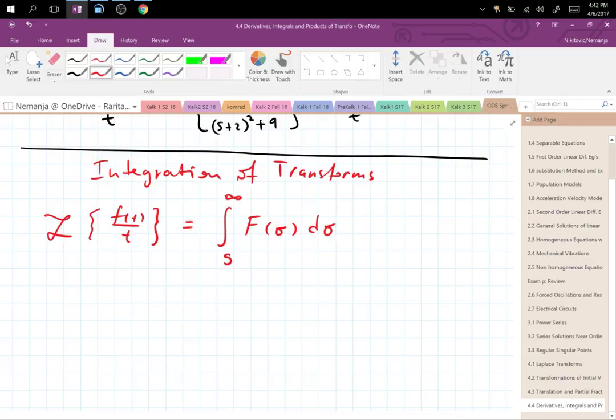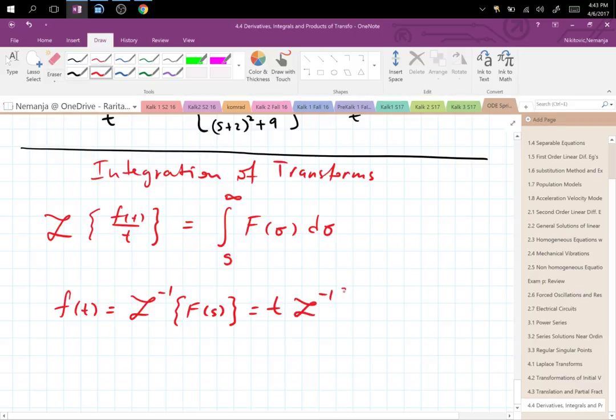So that's the part. But then the part that we actually need and want and love is the inverse Laplace part, which tells us that we can just do t times the inverse Laplace of the integral from s to infinity. So it's an improper integral, and don't let this sigma freak you out, as I said.